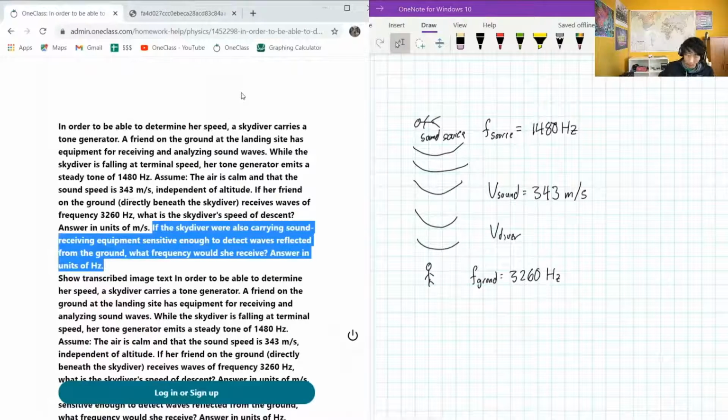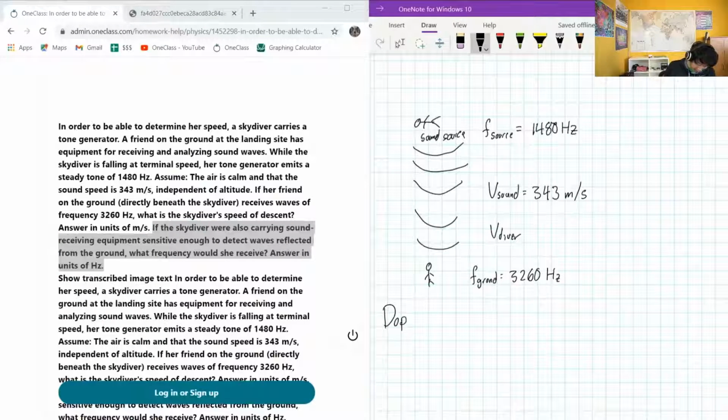Okay, so to do this, the concept of interest here is the Doppler effect, which pretty much means approaching things increase frequency.